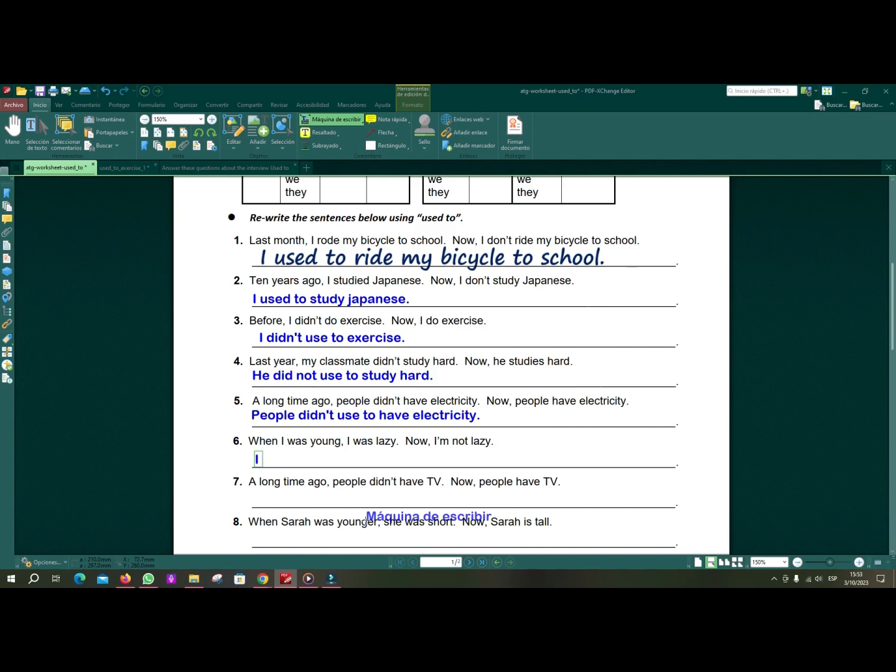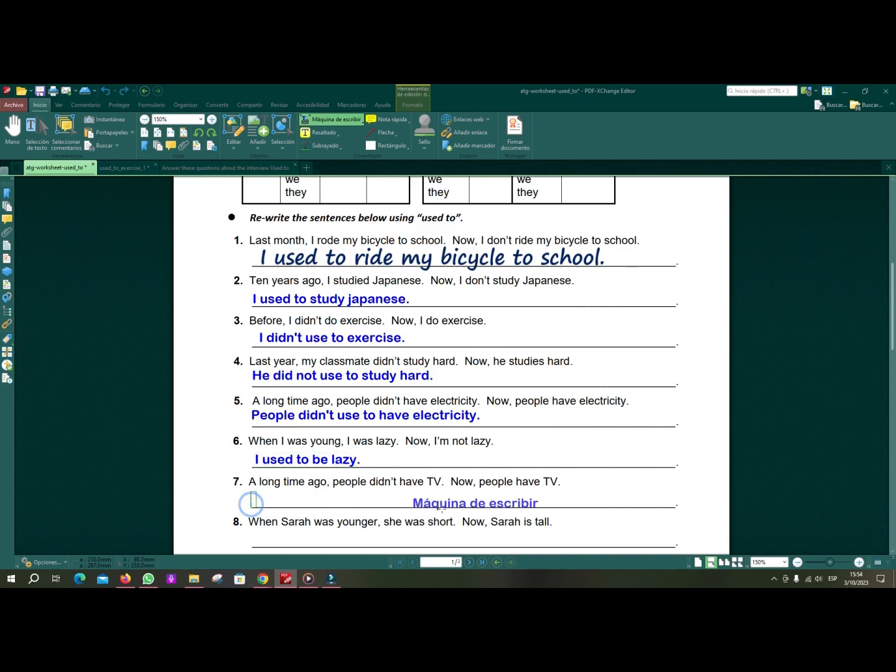I used... Okay. Lazy. But in this case, Marjorie, you need the verb here in the base form. So I used to be, right? I used to be lazy, right? In that case. So when I was young, I was lazy. Now I'm not lazy. So I used to be lazy. Okay, excellent. Nice. Thank you, Marjorie.